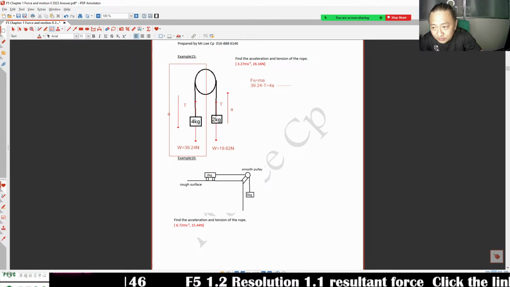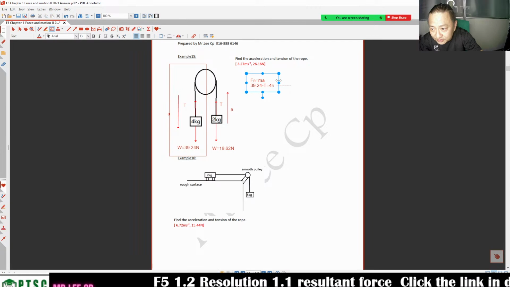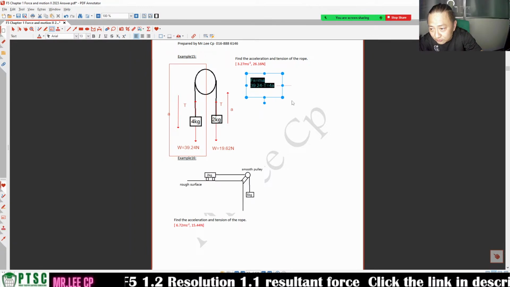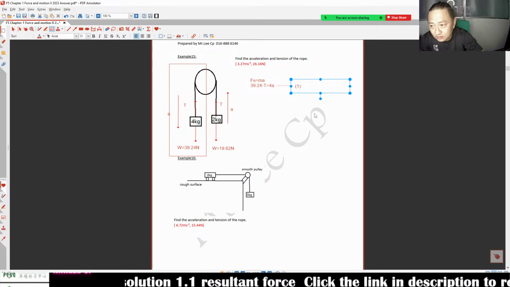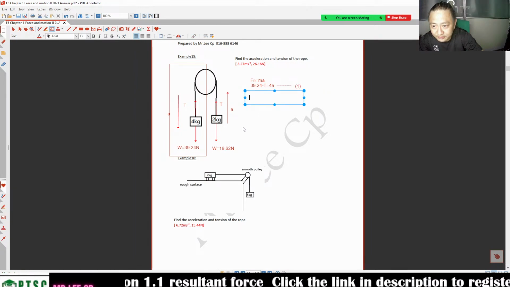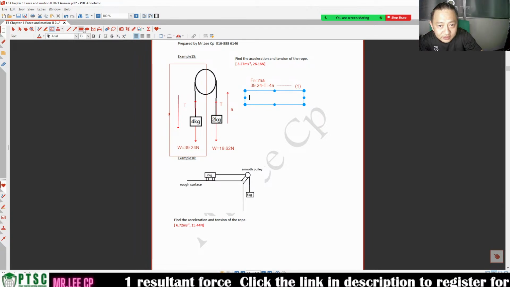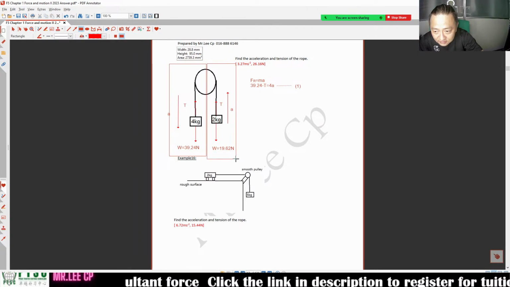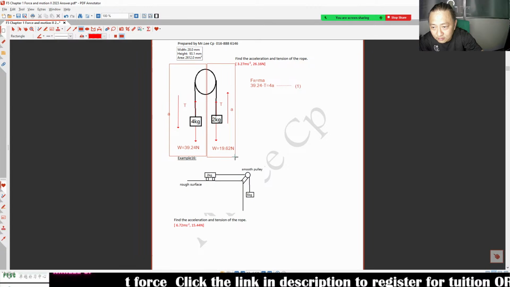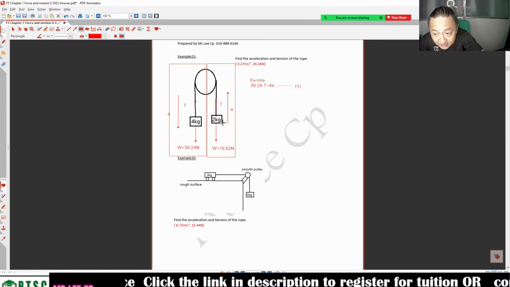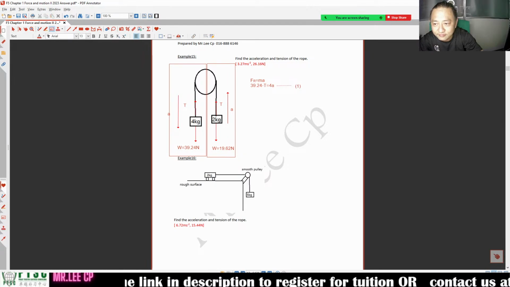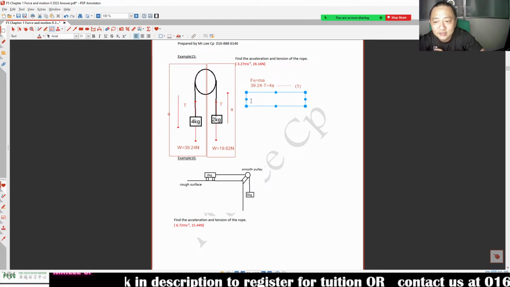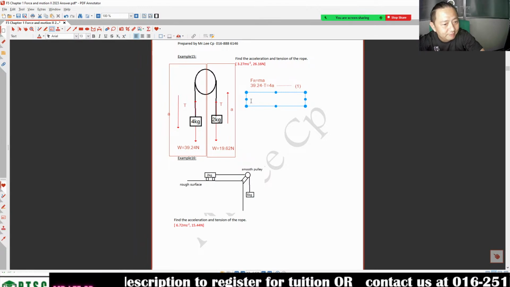If you got the first equation already, you can go ahead with the second equation. The second equation is from this side. Bigger minus smaller is equal to MA.